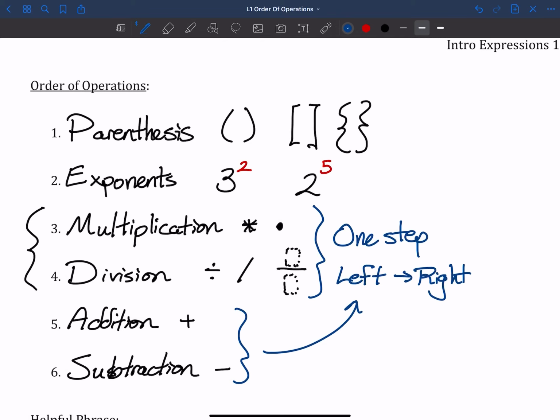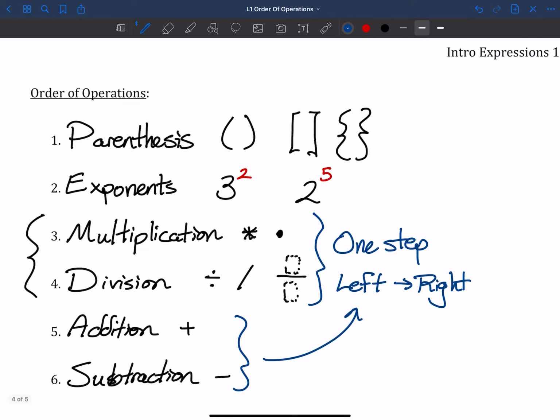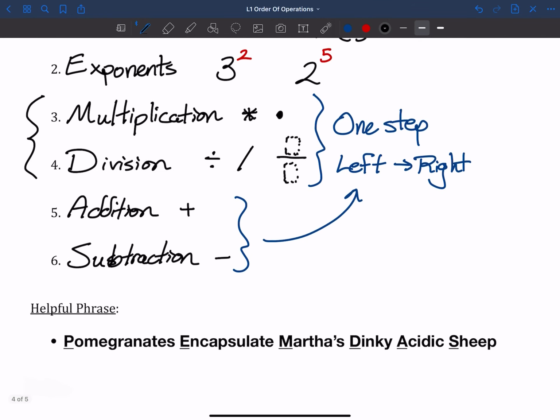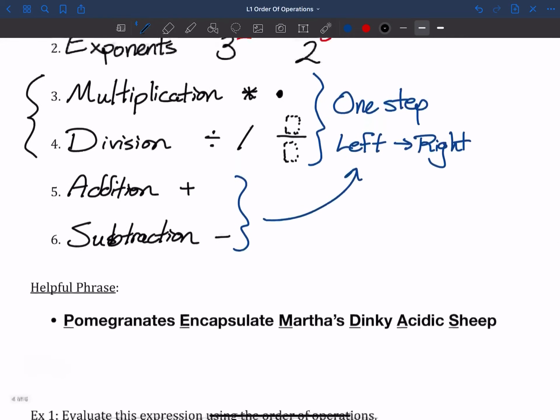There is a helpful phrase that can help you remember the order. You can just remember PEMDAS. There's nothing wrong with just PEMDAS. You can write it down on the top of your paper and run through it that way. But I like to use the phrase, pomegranates encapsulate Martha's dinky acidic sheep. Just kidding. That's not really the one that people like to use.